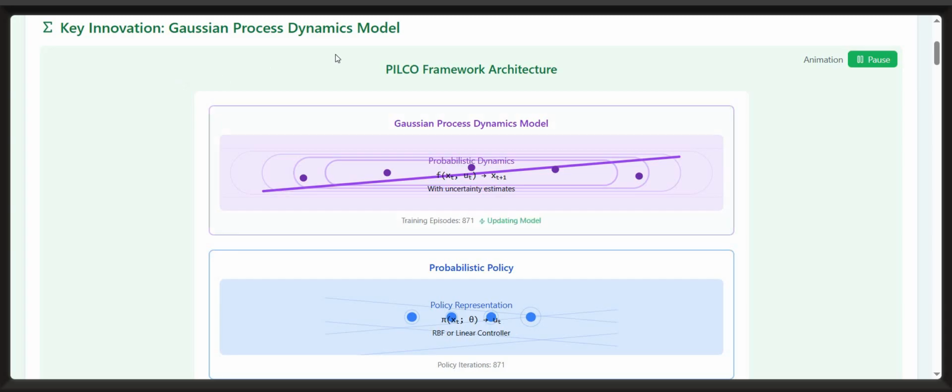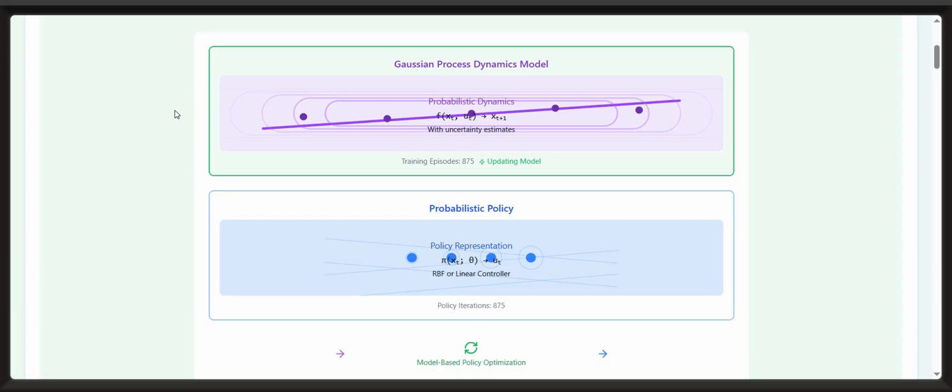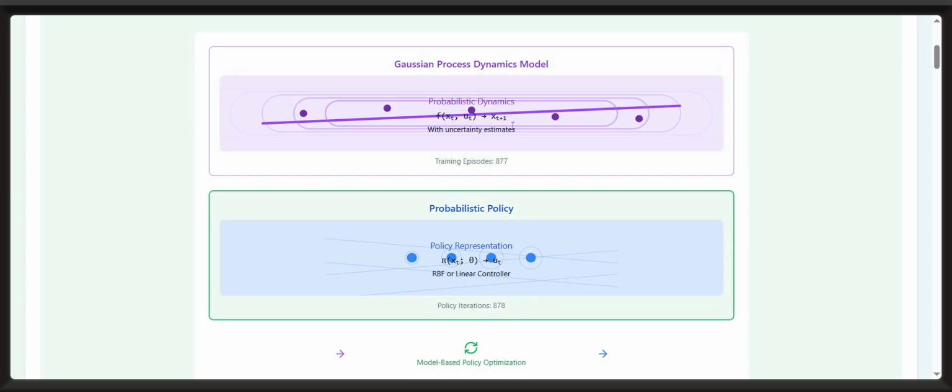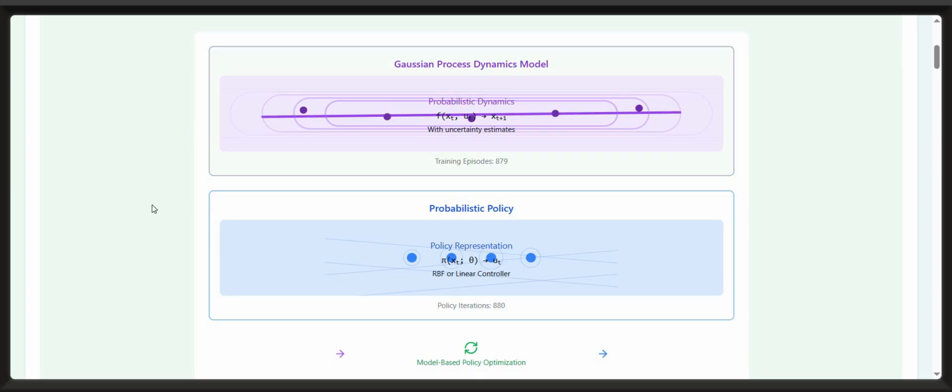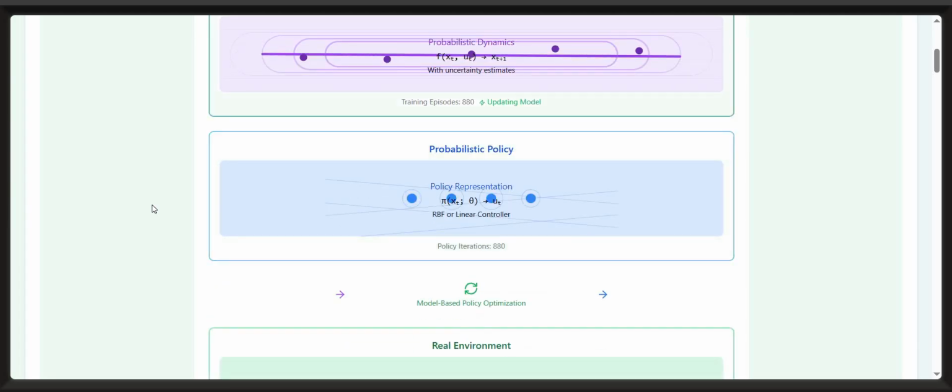At the top we have got the Gaussian process dynamics model, and what this part does is learn how the system behaves. It learns a mapping from the current state and action, so we write that as f of x sub t and u sub t to the next state x sub t plus 1. You can see here, but what's different is that it doesn't just give us a single point as a prediction.